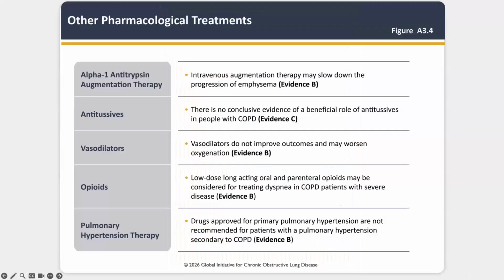And think about the patient here. Here's a short list of the various treatments that are not always applicable to every patient, but nonetheless can be extremely beneficial in the niche COPD patient population for which these therapies are really indicated. Notice opioids are listed here as a potential treatment for dyspnea.